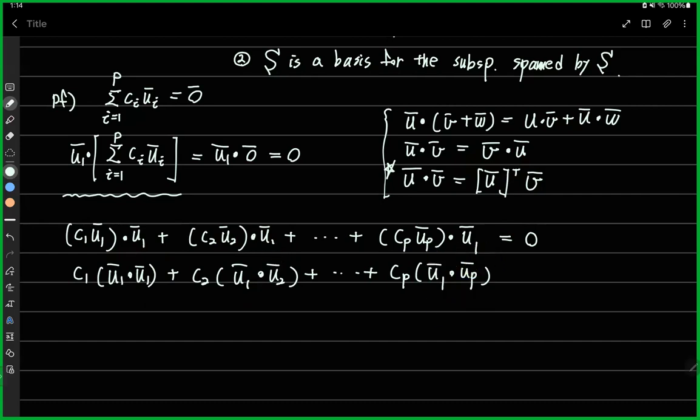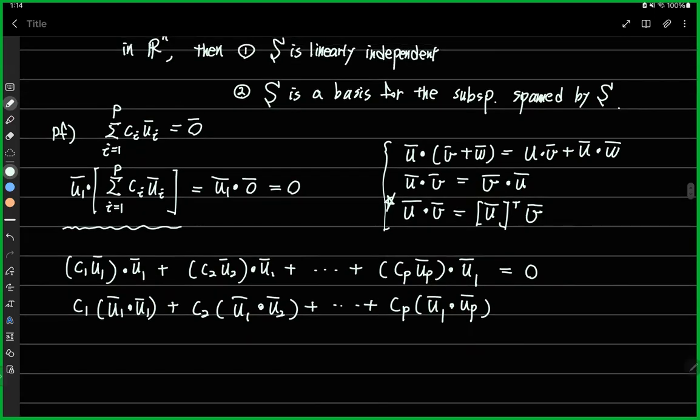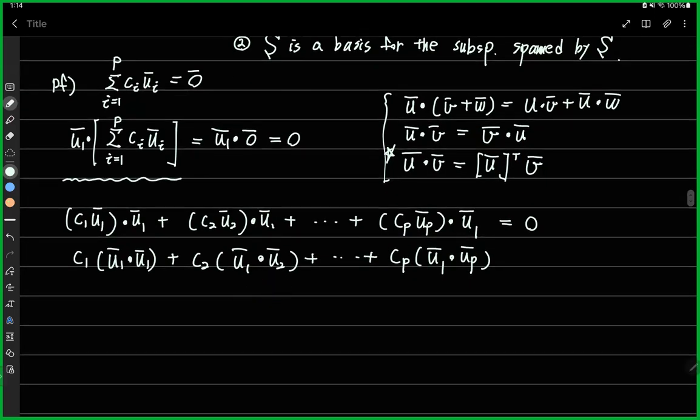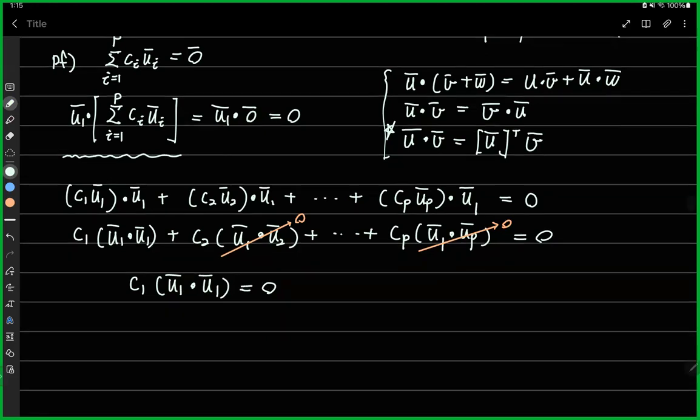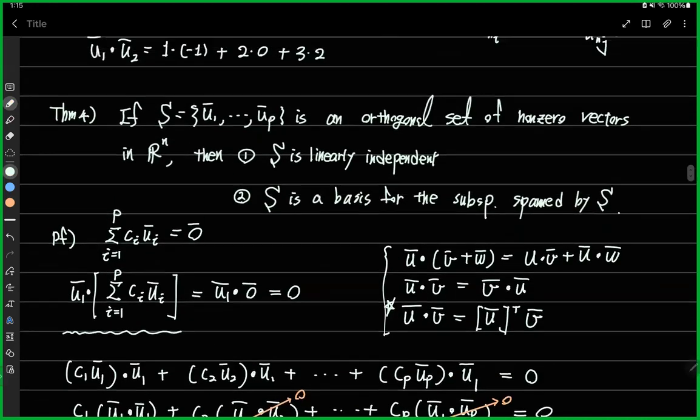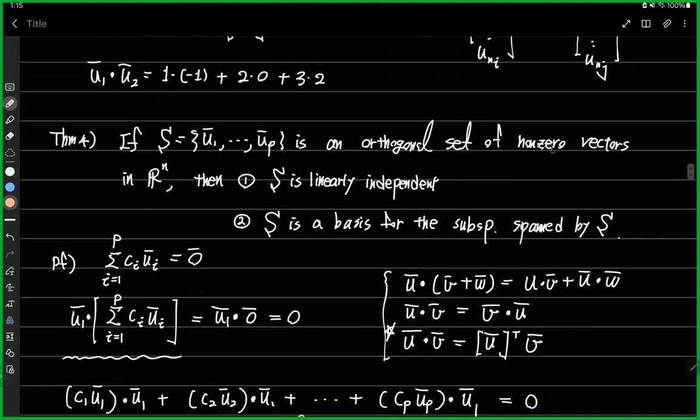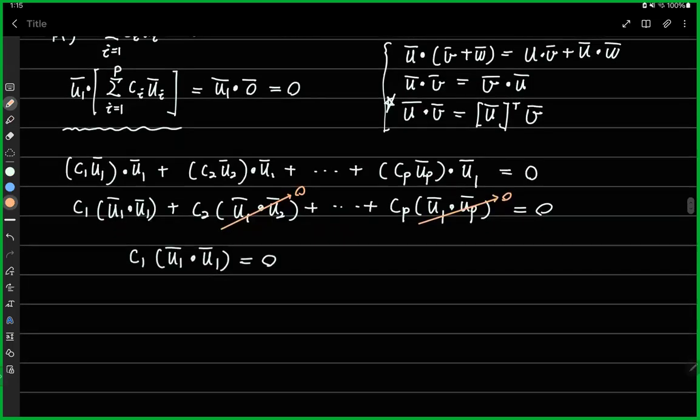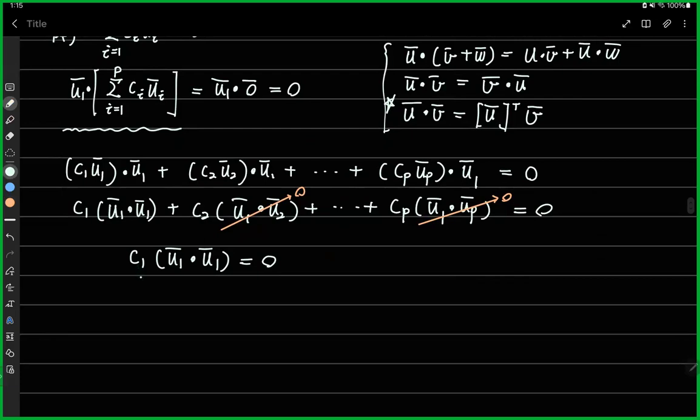But we assume that the set is an orthogonal set, which means that U1 dot U2 must be 0. I mean, all of the dot products where the subscripts are distinct are 0. So now the left side is equal to C1 times U1 dot U1, which equals 0. But in the theorem, we assume that U1 through UP are non-zero vectors. So C1 must be 0.